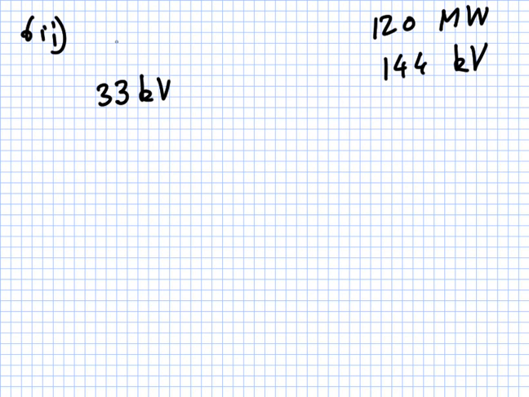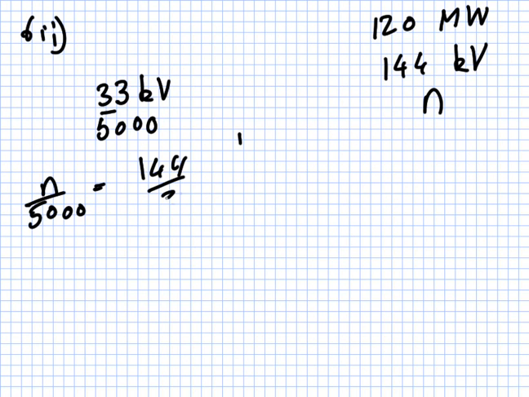Now it's going to be more than 120 megawatts because the process is 90% efficient. Anyway, here there's 5,000 on the primary. We want the number on the secondary. So we can have N over 5,000 equals 144 over 33.